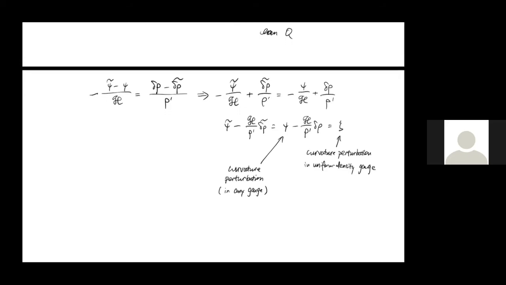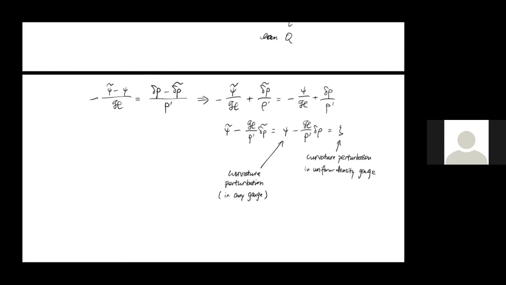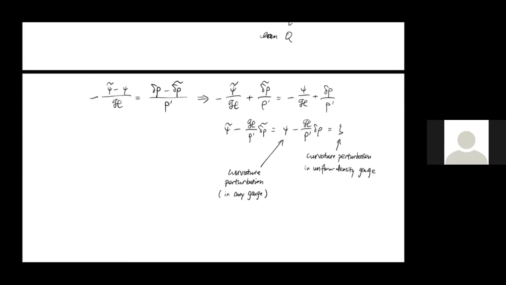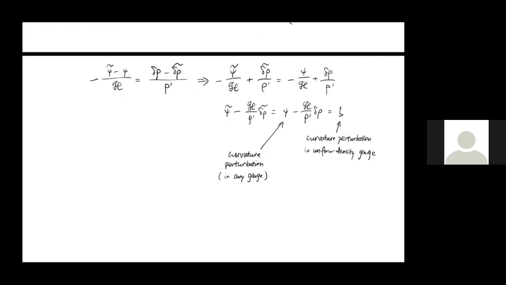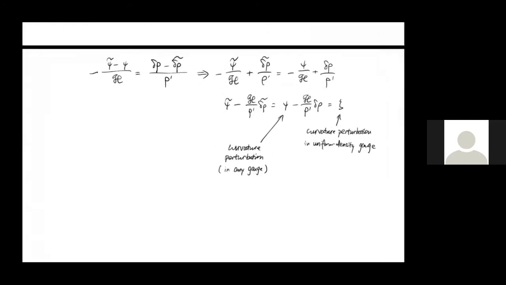Strictly speaking, that is wrong, but it is in some sense conventional for some authors. You can use this term, but when you write it, please be aware that it is only the perturbation of 3-curvature in the uniform density gauge.